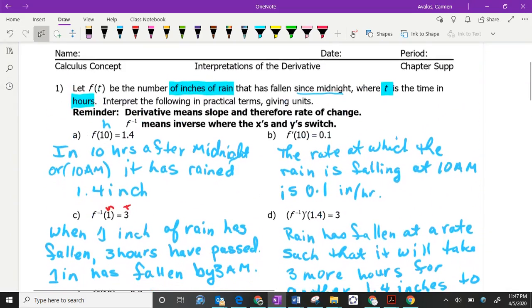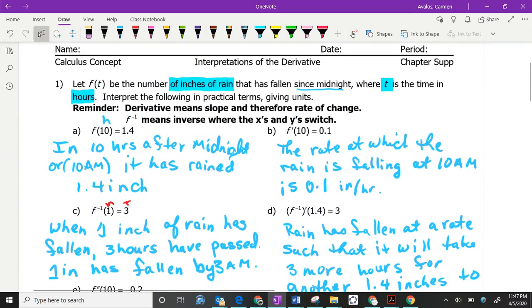So let me point out one thing that students always seem to get confused. It makes sense in this situation, but when they apply it to something else, it gets a little bit confusing. So here's what we're saying. If I go back to here, this is talking about the hours and then the inches. Well, at 10 a.m., it didn't automatically, bam, there it is, 1 inch of rain.